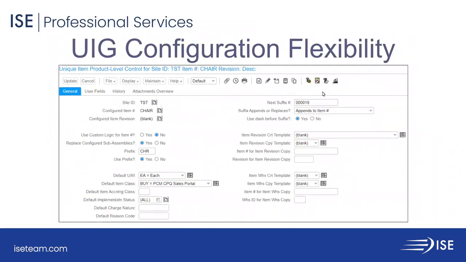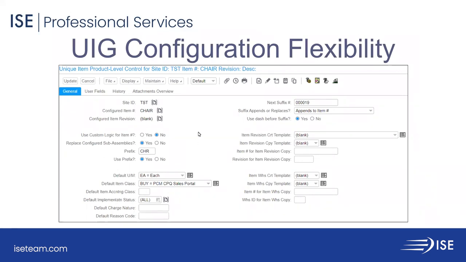At some point, you have to guarantee uniqueness. We do have 2 UIG customers that are supplying the UIG with the unique item number from CPQ. So in that case, we just passively receive the item number that they're providing. Because CPQ does know best. I mean, it's the one that has all the configuration data. It knows best whether you've hit a brand new unique configuration or you're reusing an existing configuration.